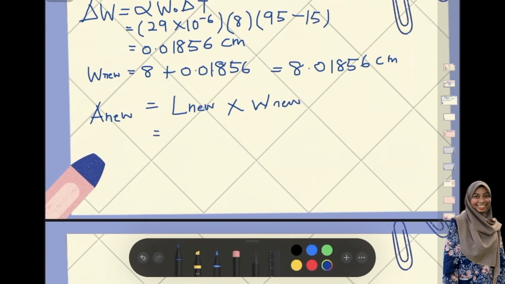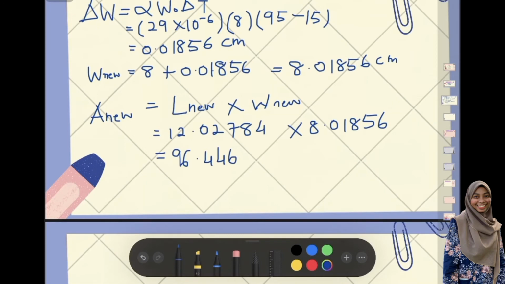Okay, so L new just now is 12.02784 times width new is 8.01856, and the answer for the A new is equals to 96.446 centimeter squared.